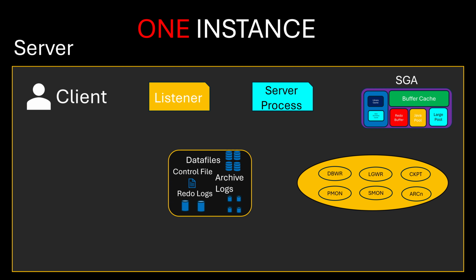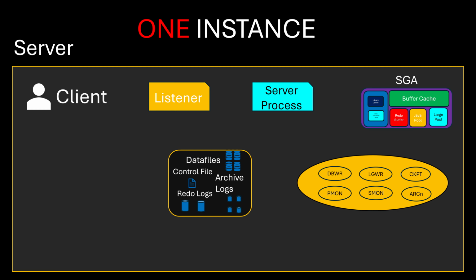As checkpoints occur, checkpoint information and SCNs are updated into control files and data file headers. Control files are extremely important because they store database metadata, checkpoint information, and redo sequence tracking required during recovery.